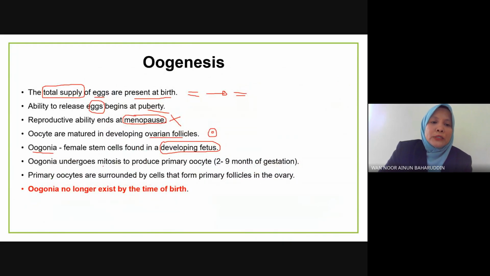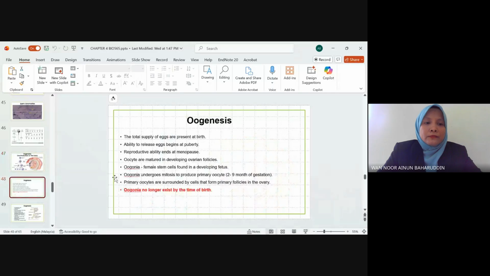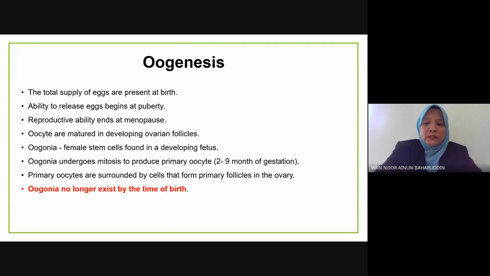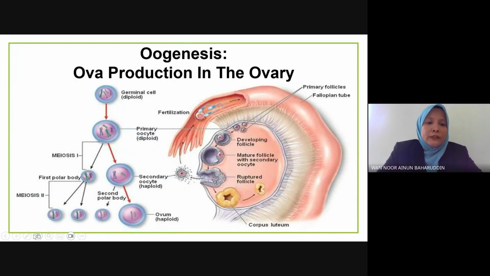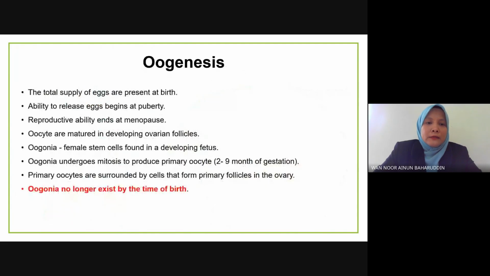Oogonia undergo mitosis to produce primary oocytes after 2 to 9 months of gestation. This develops inside the mother's womb.